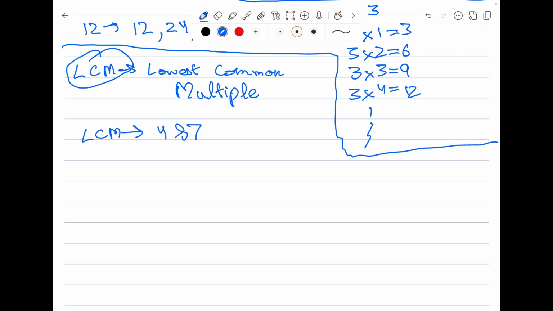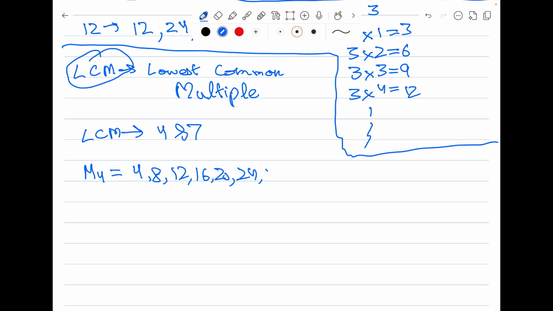The first thing you will do is write out the multiples of the number 4. This is how you represent it: M with the subscript 4. So those will be 4, 8, 12, right? 16, 20, 24, 28.